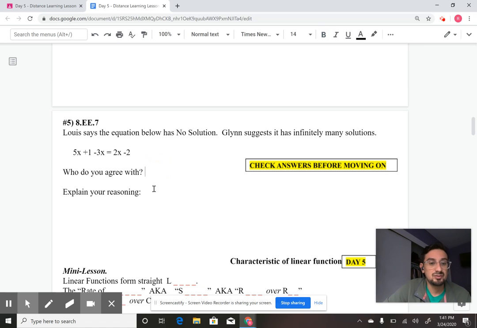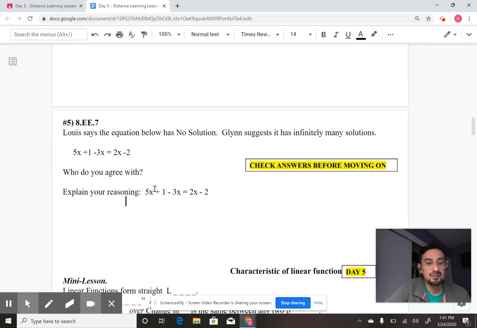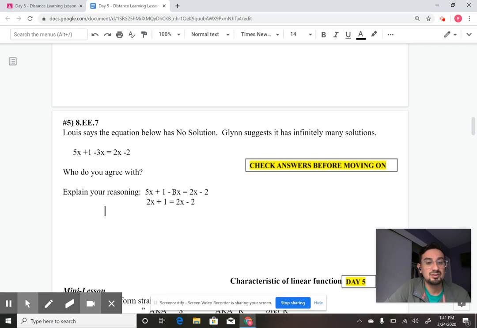Let's see. You have to solve the equation first to determine what kind of solution you have. First, you're going to simplify. There's a 5x and a minus x here. That's going to be 2x plus 1 equals 2x minus 2. Then you can subtract the 2x on both sides.